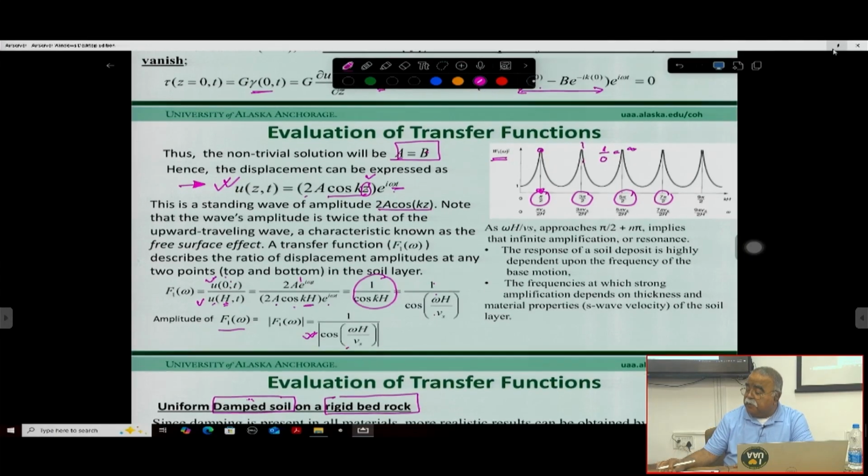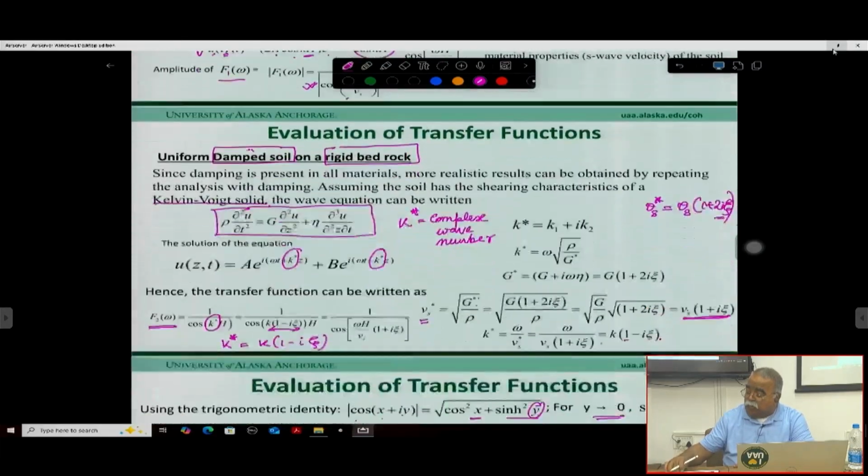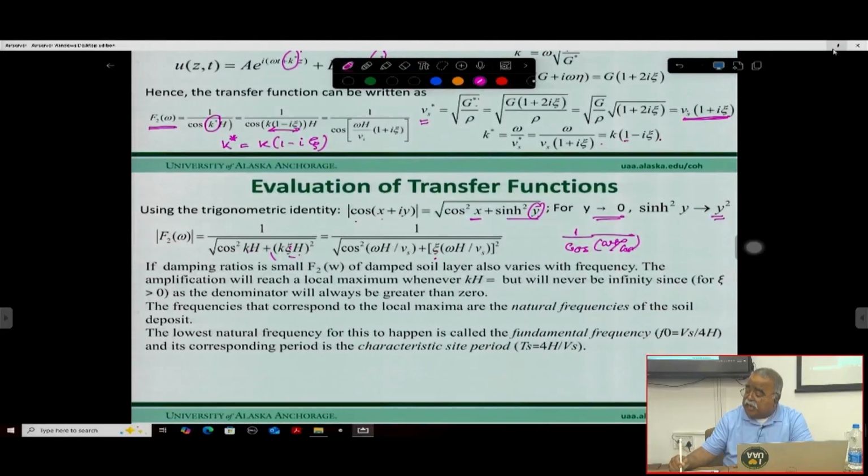But here, since there is an additional term present, the amplitude of the transfer function will not be infinite. That means the denominator will not be 0. There will be some number present.